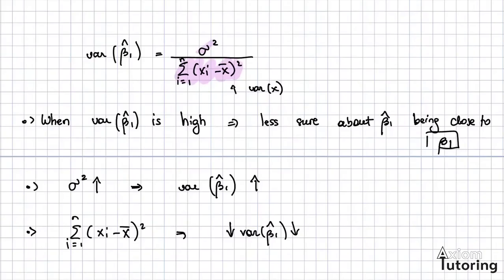So this is a very important key takeaway, and it's also something that might very likely come up in exams, where they ask you what could be the things that you could do to make sure that you lower the variance of beta 1 hat.